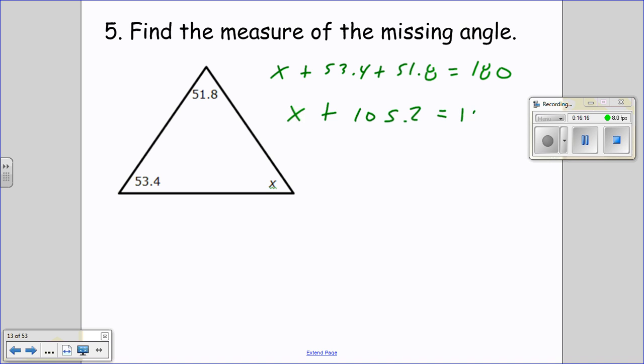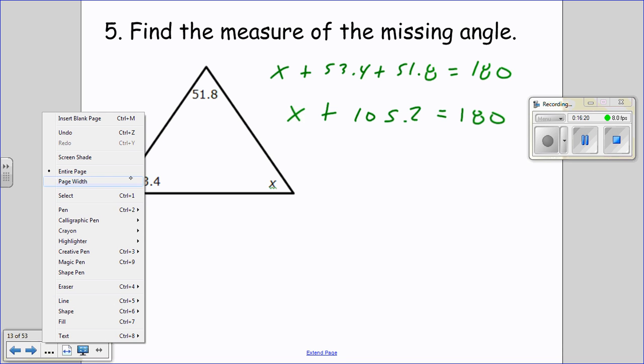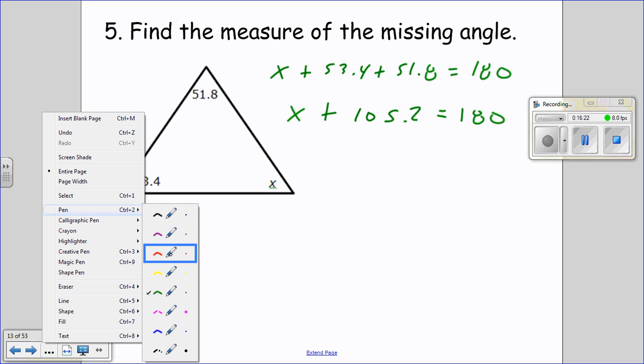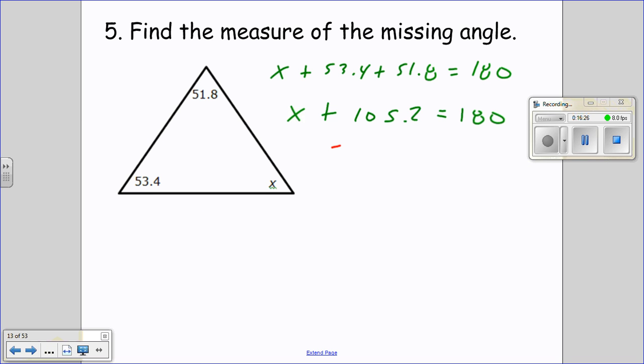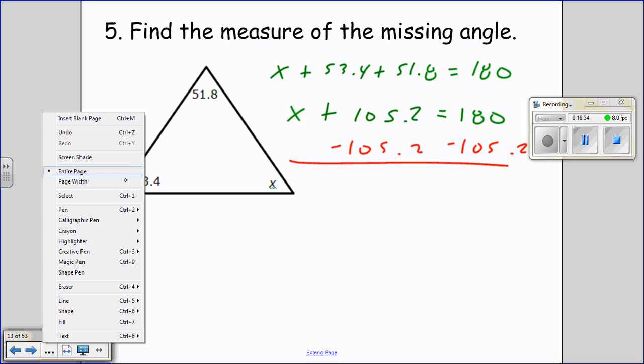Bring down my equals 180. Now I need to subtract 105.2 from both sides to find my missing angle.